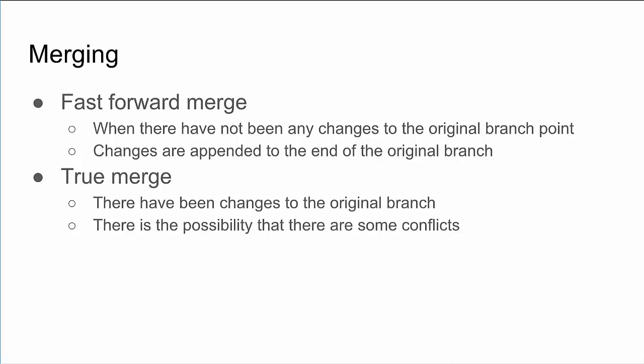The master branch has changed since the middle names branch was created because of that merge of the professional title that we just did. So this merge isn't going to be quite as simple. In any merge, if there are changes to the branch used as the starting point for the new branch, in this case master, and you try to merge back into the branch, then there is the possibility that there are some conflicts that need to be resolved.